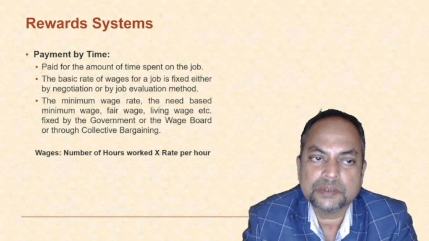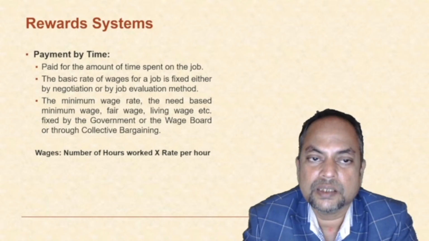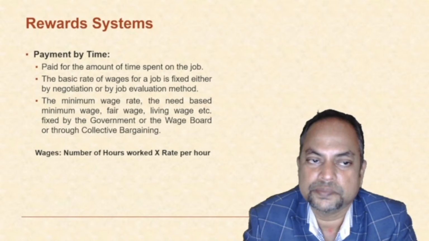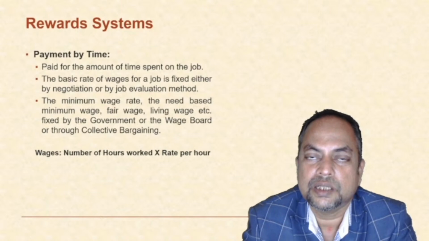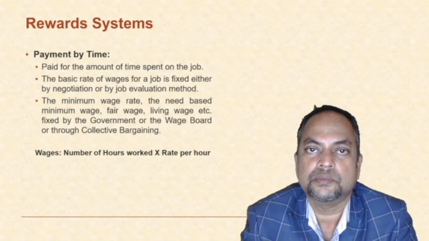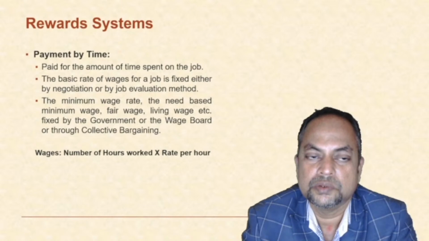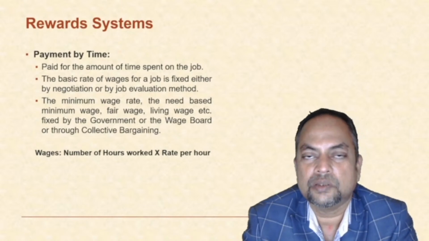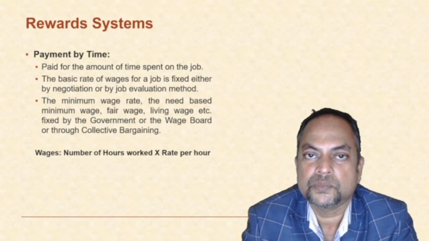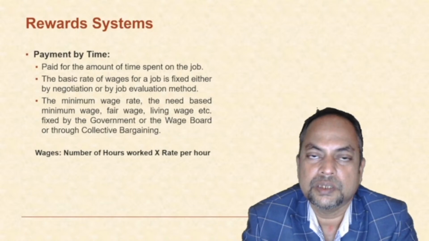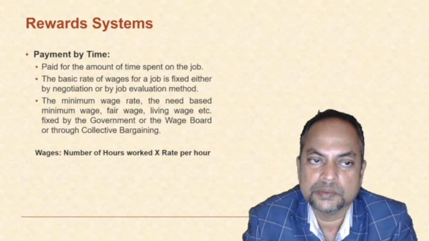So here, what happens? The basic rate of wage for this job is fixed, right? And the fixation methods, as we have discussed, are the job evaluation method, or the method of collective bargaining, where the workers and the management representatives decide the terms and conditions of employment, right?